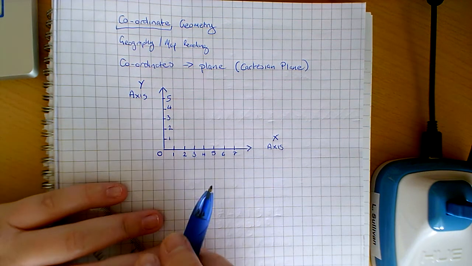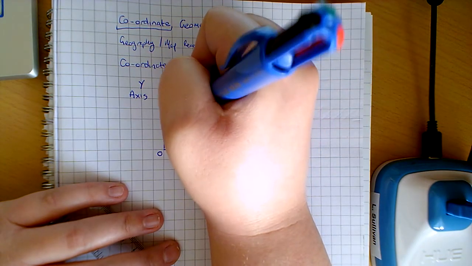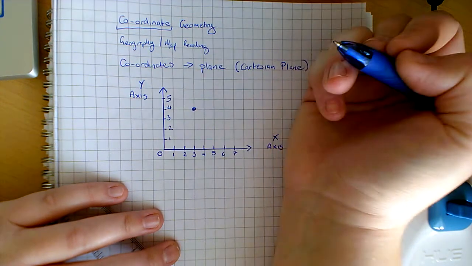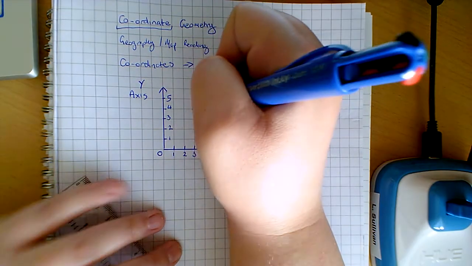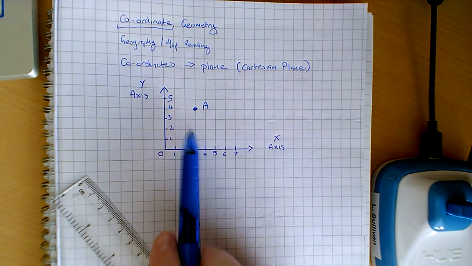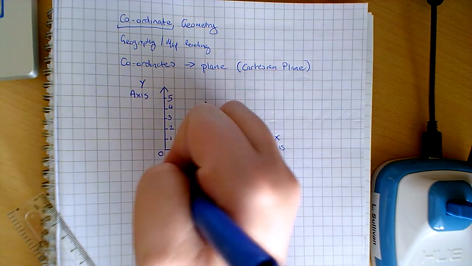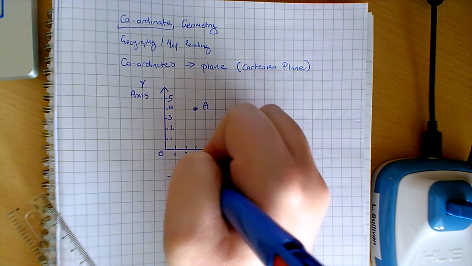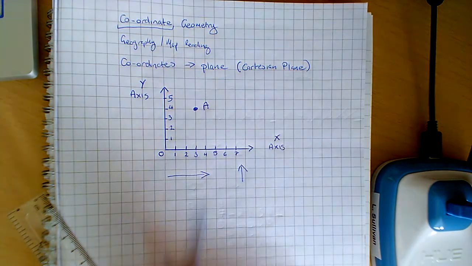Now, if I have this point here, how I would label this, or how I would find this point, if I say point A, what we have to do is we read along the bottom and then along the top.